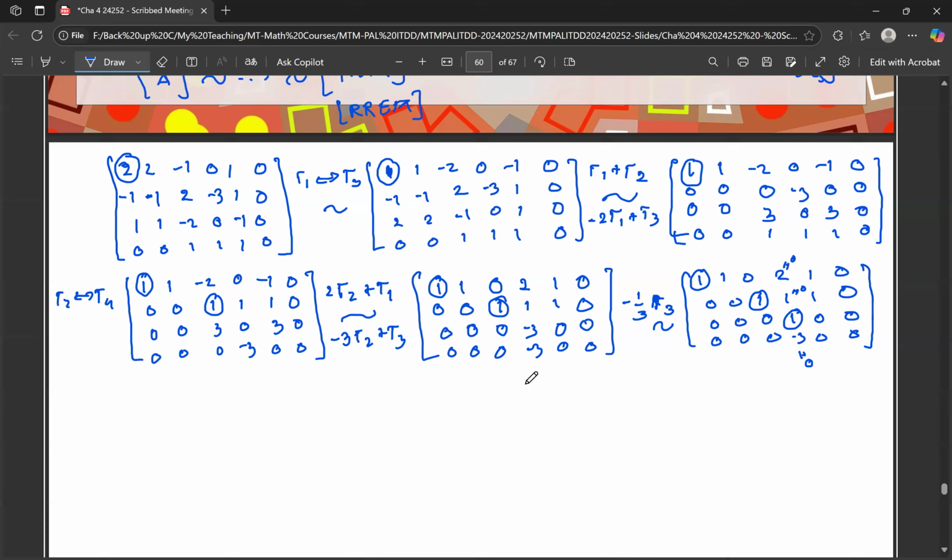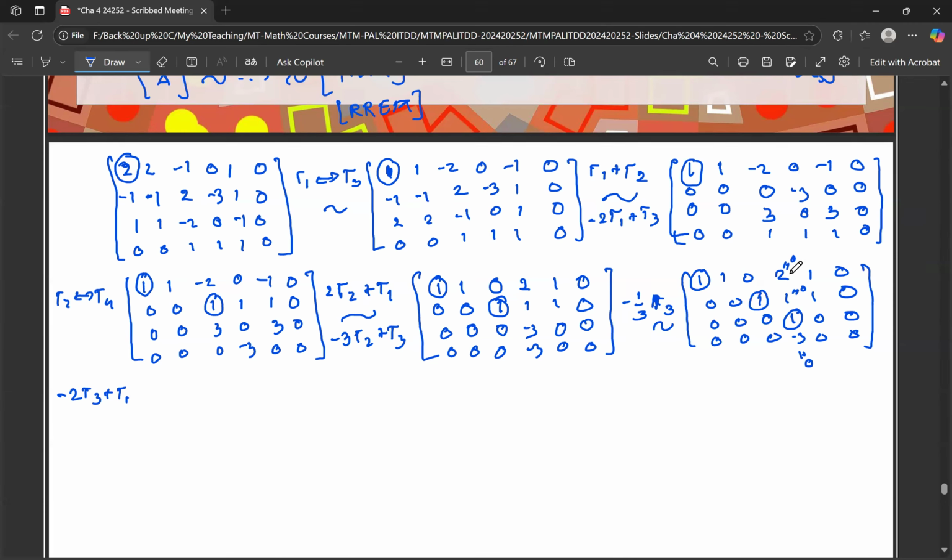So to make this entry 0, we must have minus 2 R3, because of the location of the leading one in R3, added to R1.